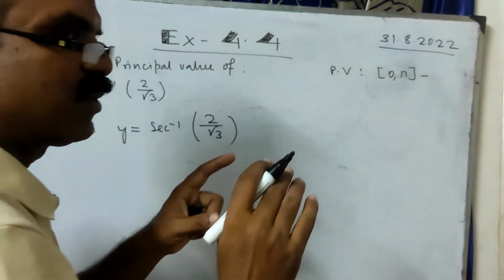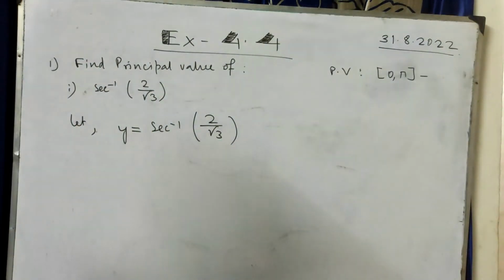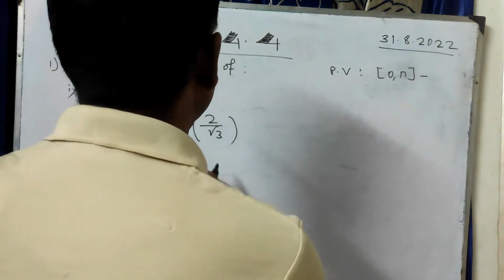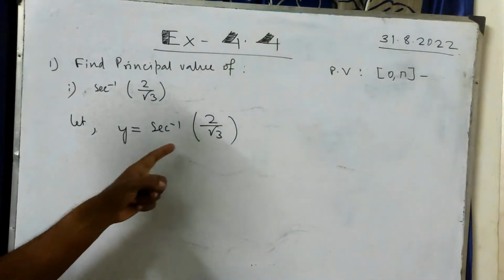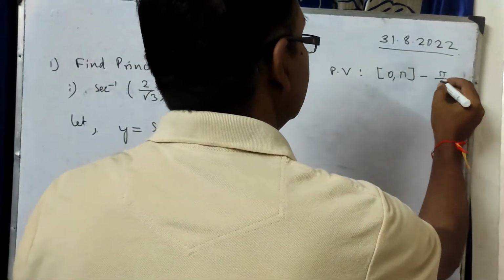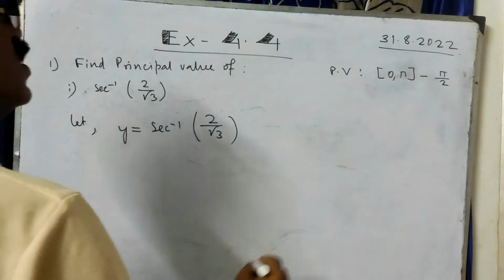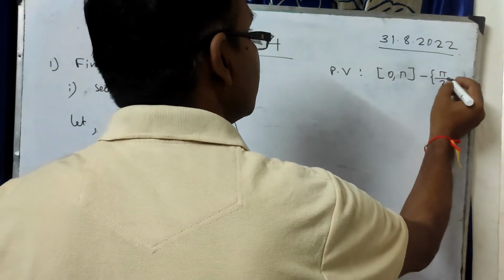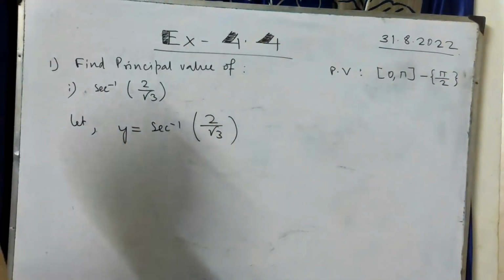Because at an odd multiple of pi by 2, cos will be 0, so 1 by 0 is undefined. That's the reason we will exclude pi by 2, because within this range it is coming, isn't it? So you have to take it in this.